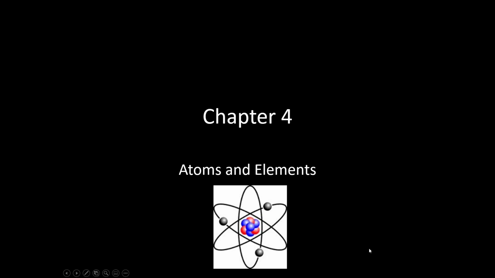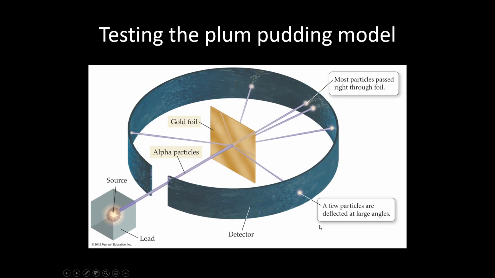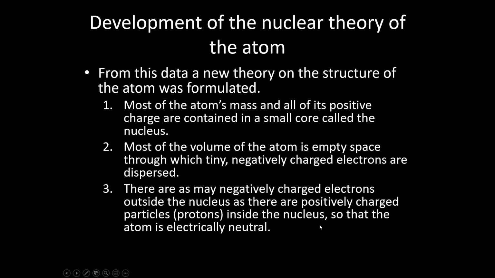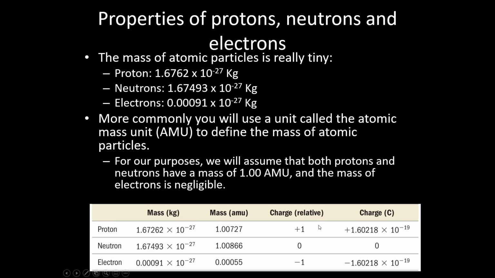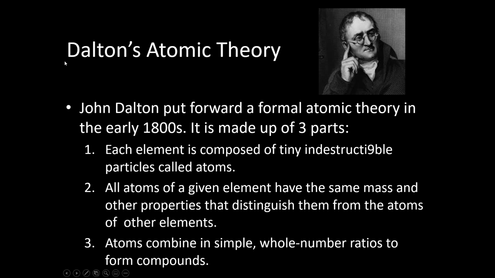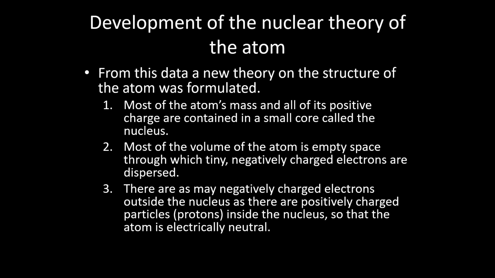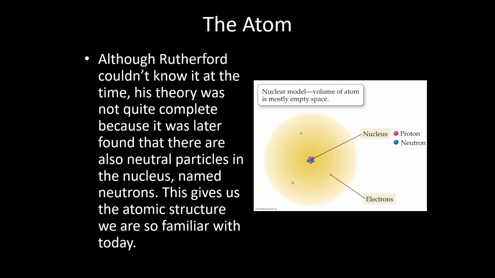Chapter 4, we start off here with history. So we go through some history of chemistry. You do not need to have the different parts of the atomic theory and the nuclear theory memorized, but what I do expect you to know is that the atomic theory was Dalton's theory, and I expect you to know that the nuclear theory was proposed by Rutherford.